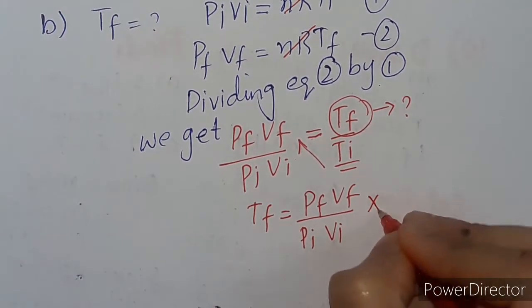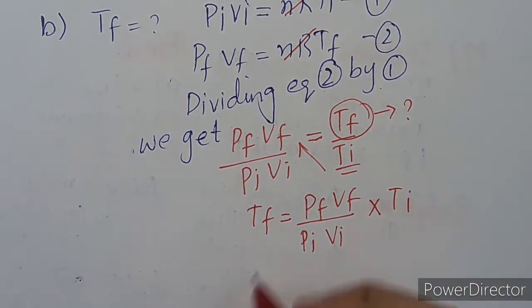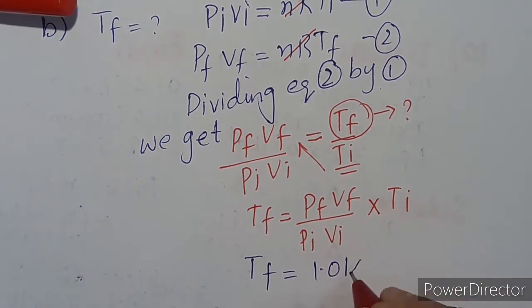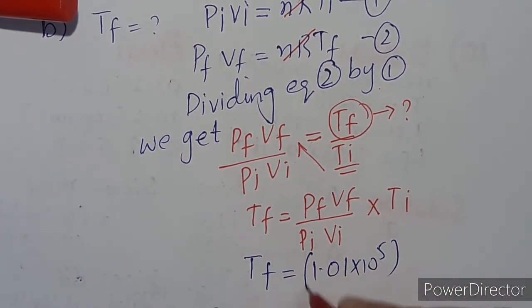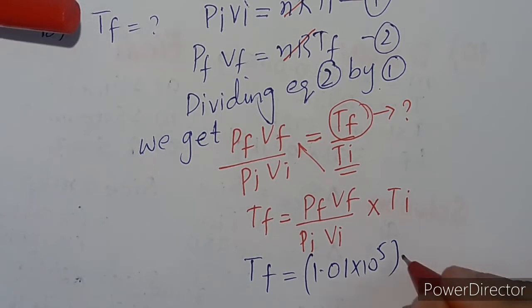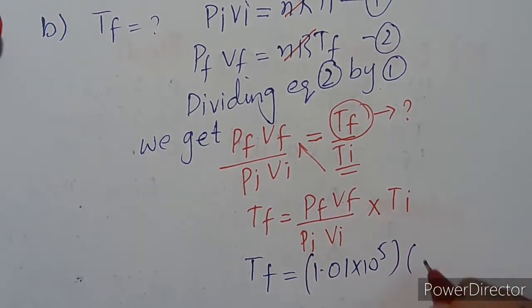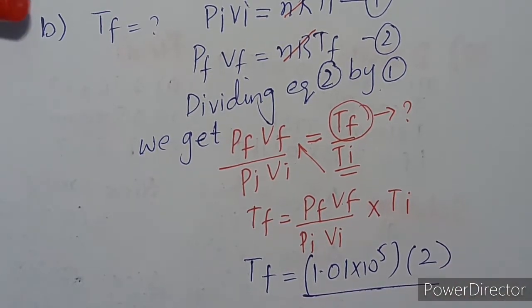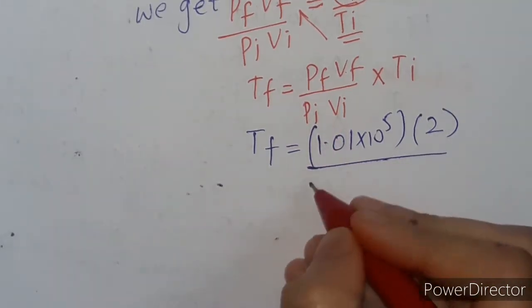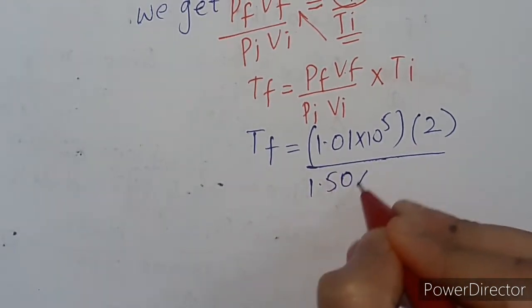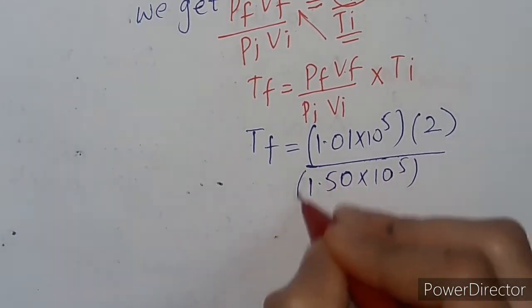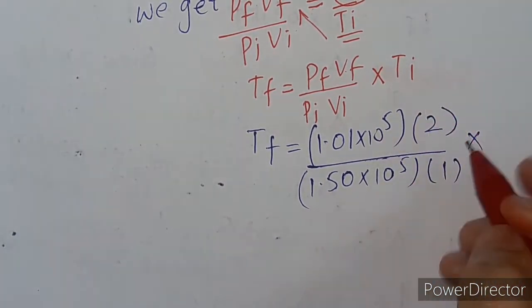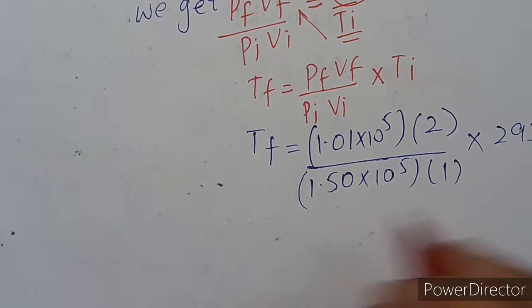Putting the values in this equation, Tf is equal to Pf value 1 10 raised to power 5, the atmospheric pressure value, and Vf is twice the original one, which value is 2 liter, divided by Pi which value is 1.50 10 raised to the power 5, and Vi is 1, multiplied by Ti value 293 Kelvin.